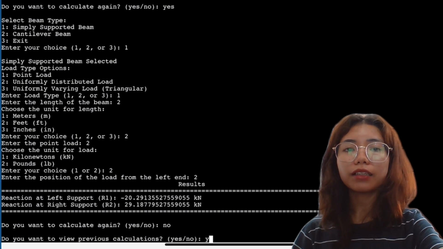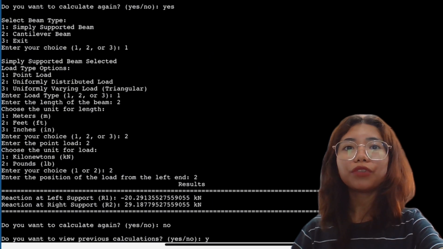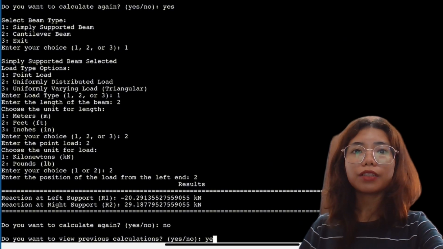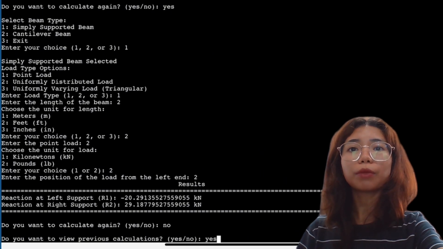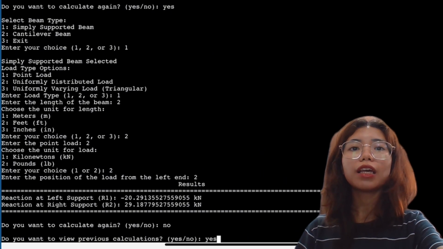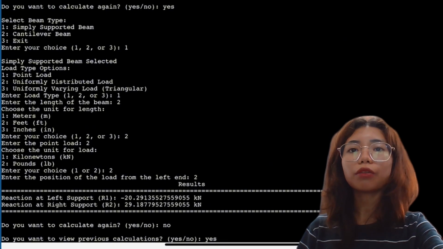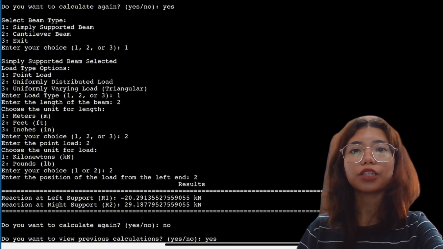Before fully exiting the program, the user is given one more option. Do you want to view previous calculations? Yes or no. If the user answers yes, the program displays all the stored calculations from the previous calculation dictionary. This is formatted neatly, showing all relevant input and output values for each type of beam and load analyzed during the session.